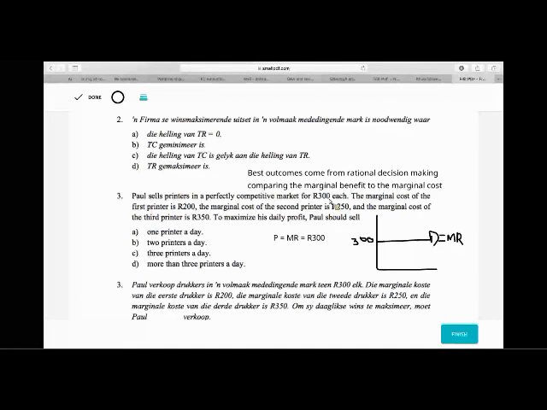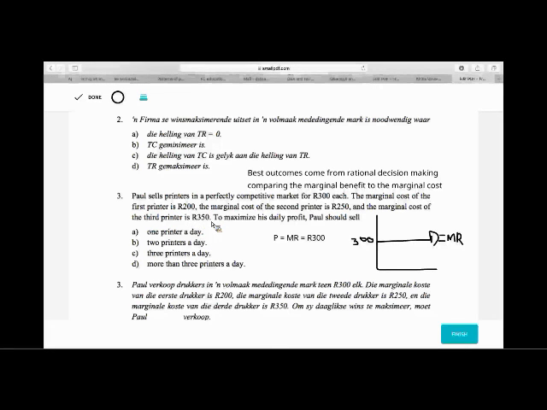The second printer costs him 250 Rand to produce, and he can sell it for 300 Rand. So should he produce the second printer? Yes. The marginal revenue of 300 exceeds the marginal cost of 250. When it comes to the third printer, should he produce it? No, because the marginal cost of 350 now exceeds the marginal revenue of 300.